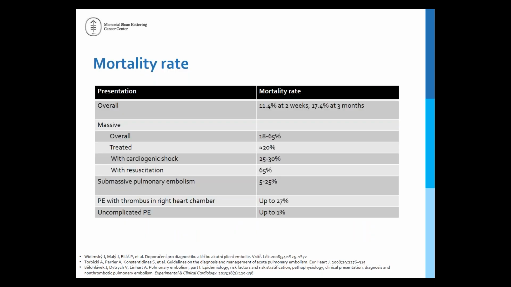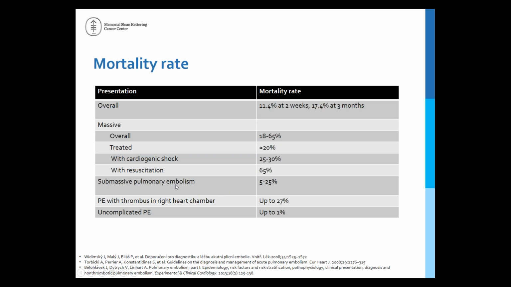So when we look at this mortality rate and try to equate them with the kind of PE they have, we see that it's very important. So when we have a patient with massive PE, we will see that the mortality rate ranges from 18 to 65%.